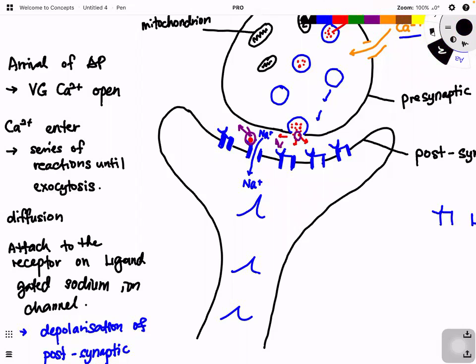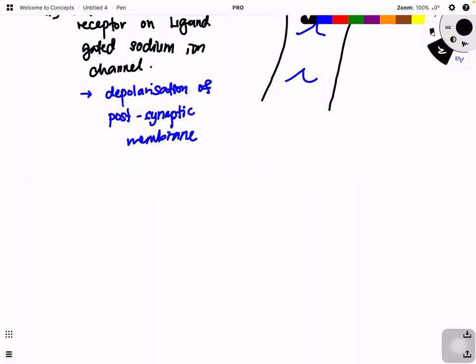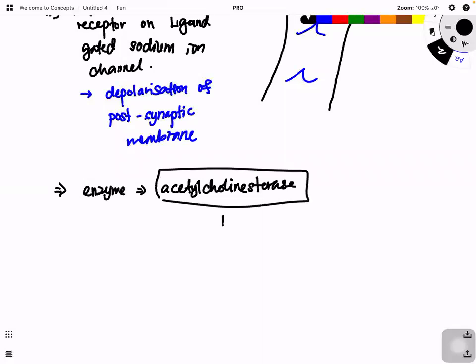So acetylcholine esterase is an enzyme to degrade or hydrolyze acetylcholine. Are you clear? So it means that we want to break down the acetylcholine so as to stop the transmission.